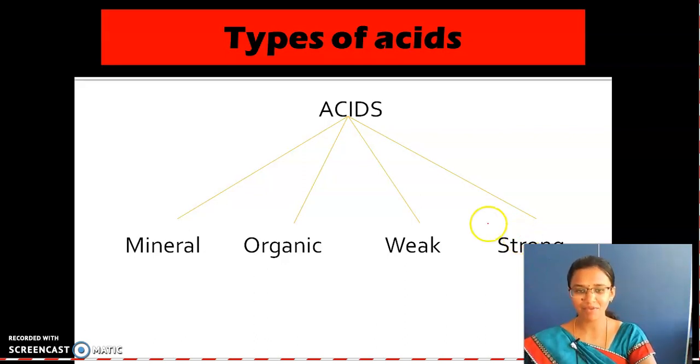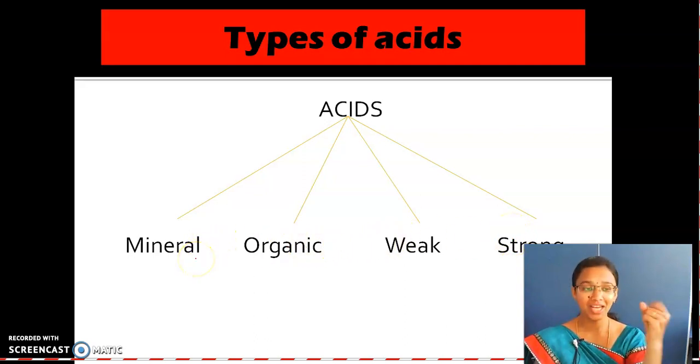Example of weak acid is tartaric acid. And example of strong acid is nitric acid and sulfuric acid. Look at here again. Mineral acids are found in the earth crust. Organic acids are found in plants and animals.